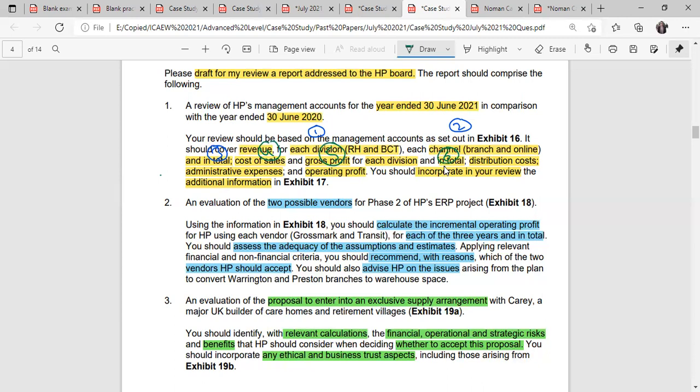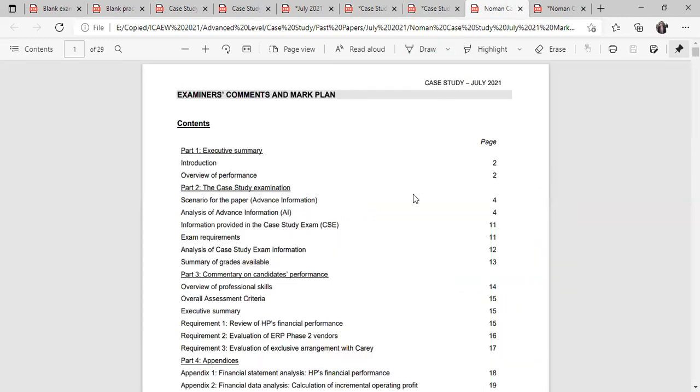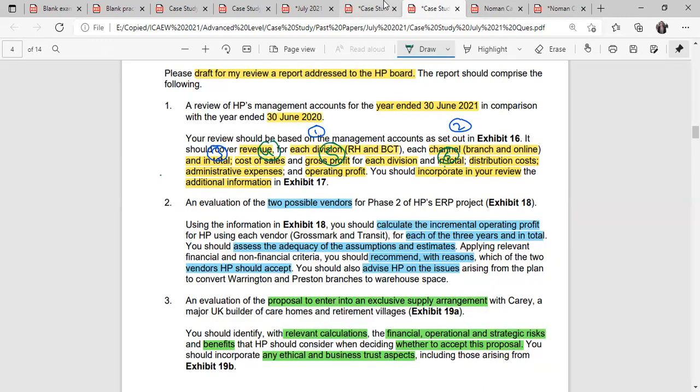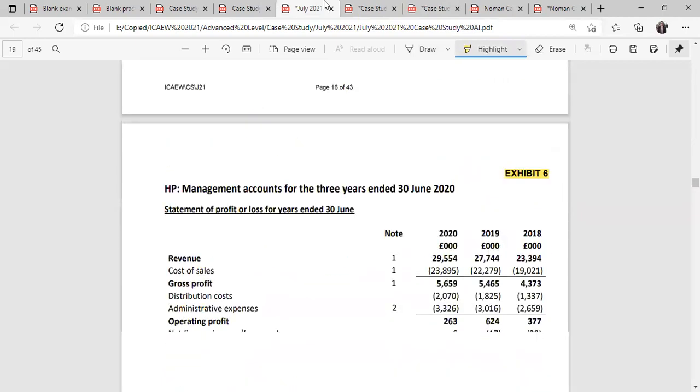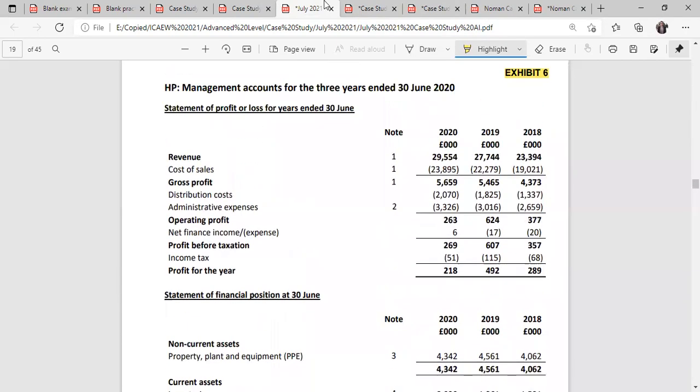Distribution costs, administrative expenses and operating profits. Let's come back to the advanced information, just to show how you can practice it. We have distribution costs with no note. It means if you do not have any note, not much explanation can be provided.